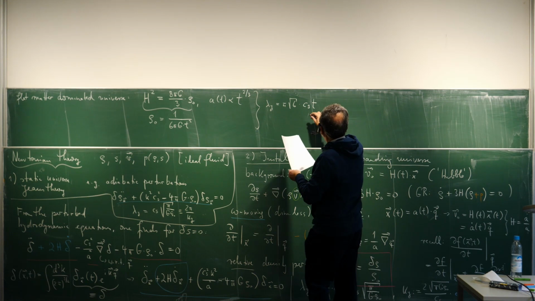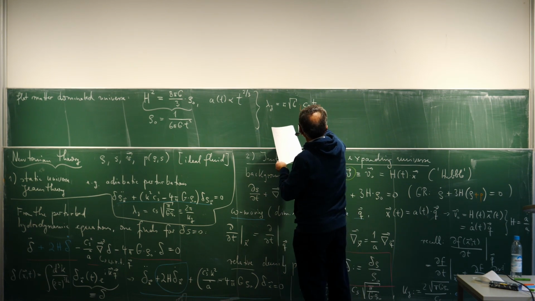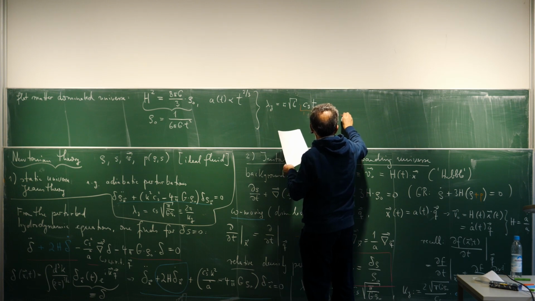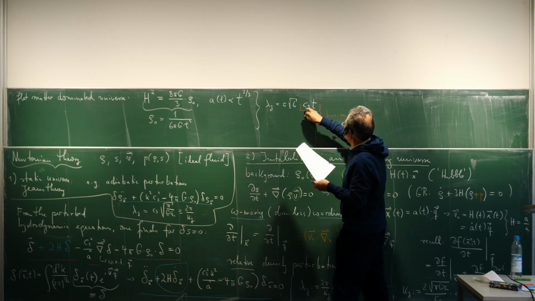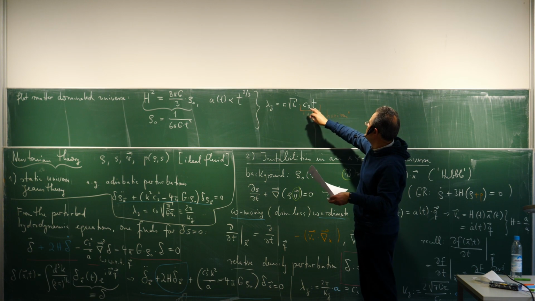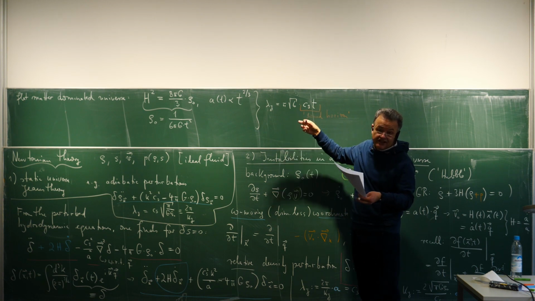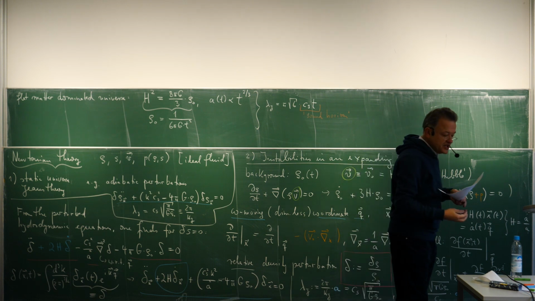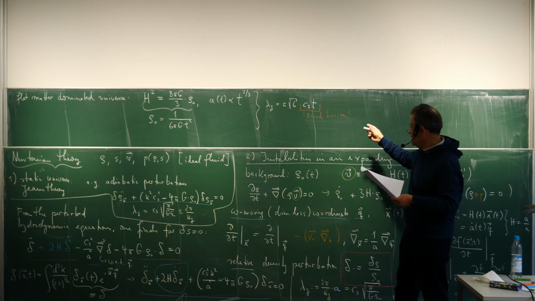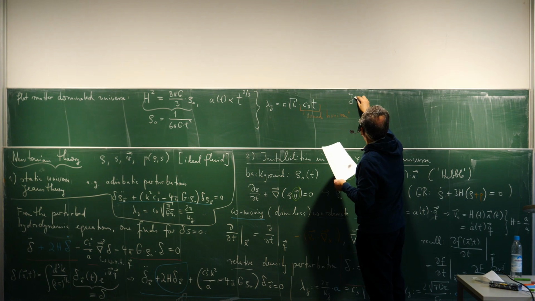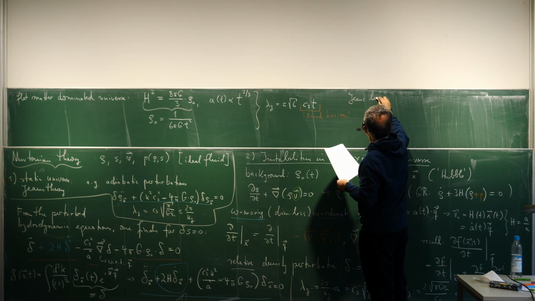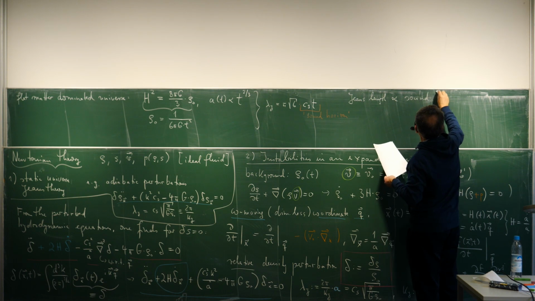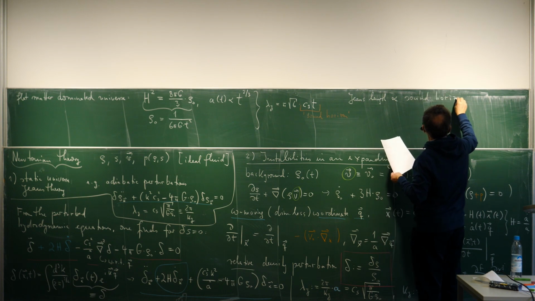So this is called the sound horizon. Because this is as far with the sound velocity as the perturbation could propagate in the time t, which is the age of the universe. And you see that the Jeans length is proportional to the sound horizon.